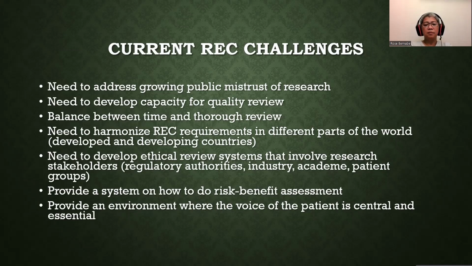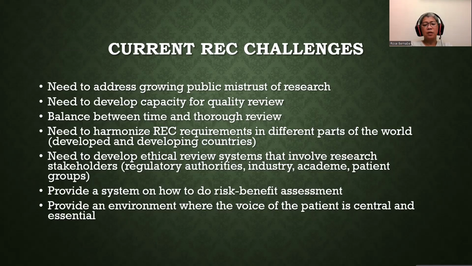The need to develop ethical review systems that involve research stakeholders, such as regulatory authorities, industry, academe, patient groups, and if to involve them, how. To provide a system on how to do risk benefit assessment, because now it seems that risk benefit assessment is done individually, by individual members, or it's very procedural but not really a weighing of the risks and the benefits.